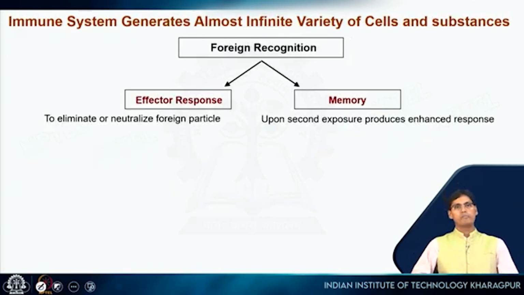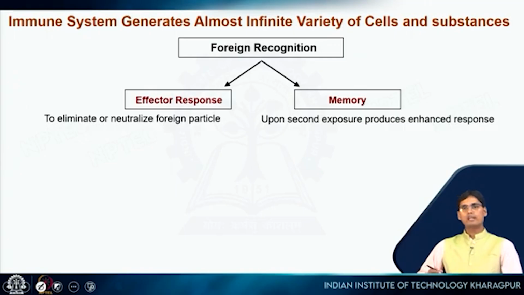Now, I will go into a little bit complex thing, that the immune system generates an almost infinite variety of cells and substances. See, for example, in the case of humans, we have a very long lifespan. If I say 80 years, 90 years, over the time we get different types of diseases, different types of challenges happening day to day, right?